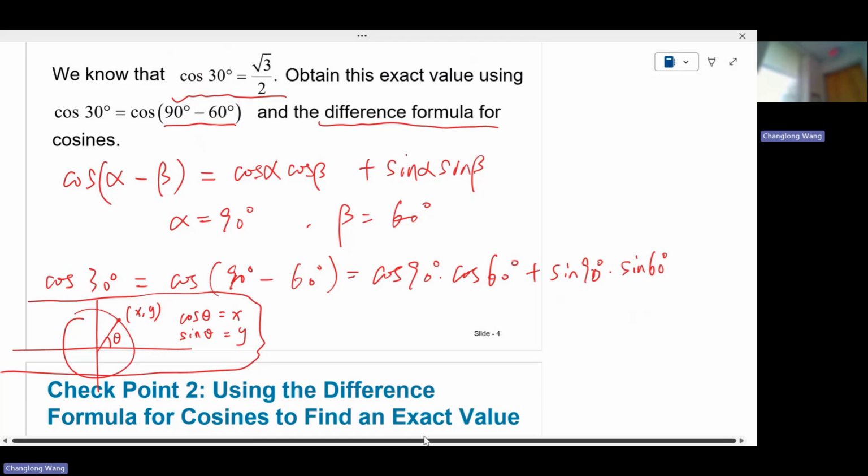Well, what about sine 90? If sine is defined as the y-coordinate, how much do you think will be the y value of a point on the y-axis on the unit circle? Unit circles are circles with radius 1 unit. It's 1, so sine 90 is 1.